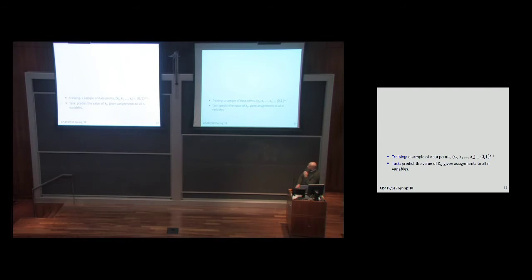Again, training data, a bunch of n plus 1 tuples. Test data, a bunch of n tuples, x1 up to xn. My question for you is, how do you do it? So it's an applied machine learning question. Here's data, solve it.